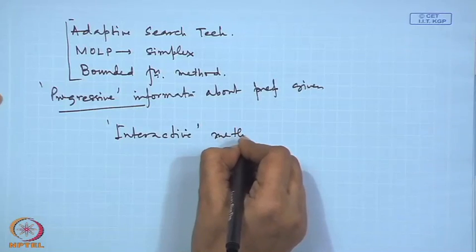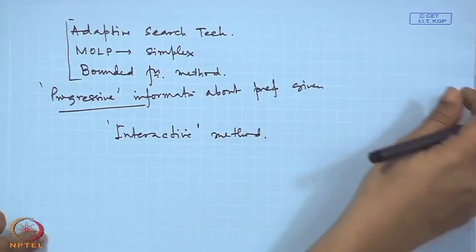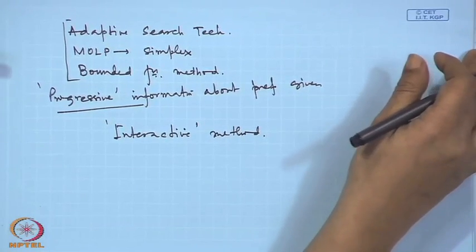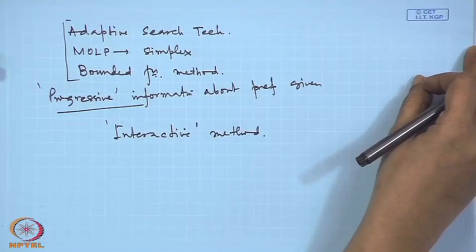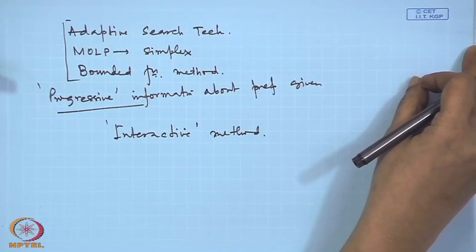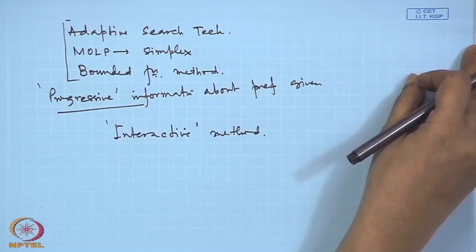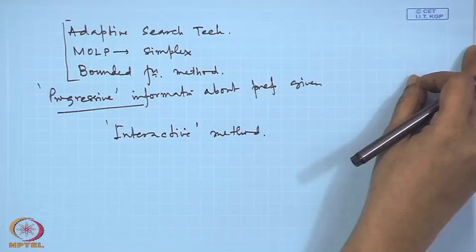This is an iterative process; in each iteration we get an improved solution, and for that we consider the progressive preference information. At each iteration we place the solution to the decision maker.